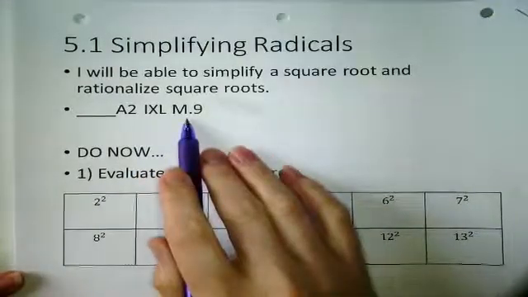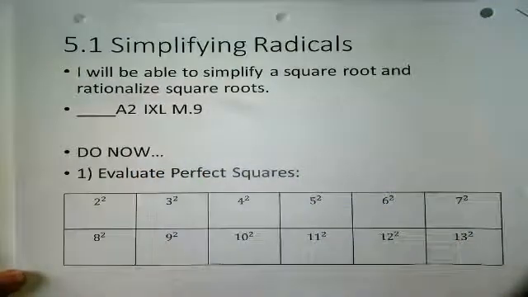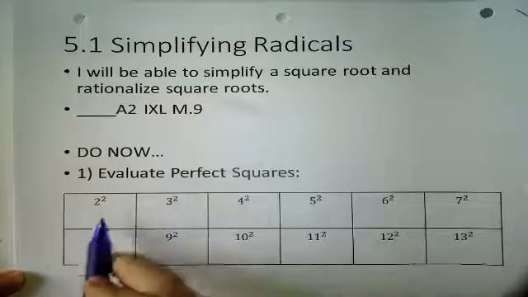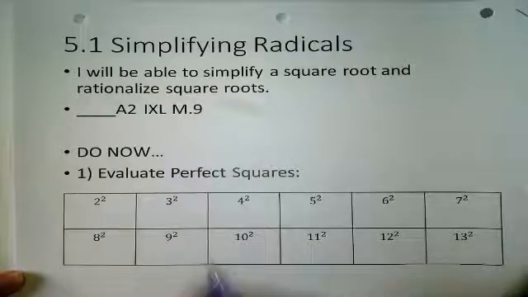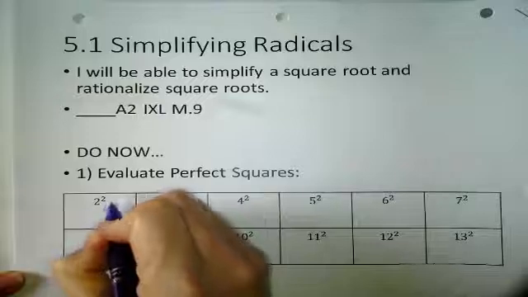So you have IXL skill M9. And the first thing we want to do is make sure that we know all of these perfect squares. Hopefully you know most of these. These are definitely numbers that you should memorize. So 2 squared means 2 times 2.